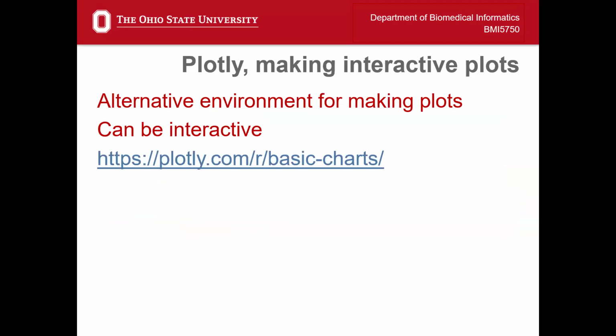Now, when you get really comfortable with making plots, with using R, there are options for making interactive plots. I do this very rarely because I'm not even completely comfortable yet. But Plotly is an R package for making interactive charts.